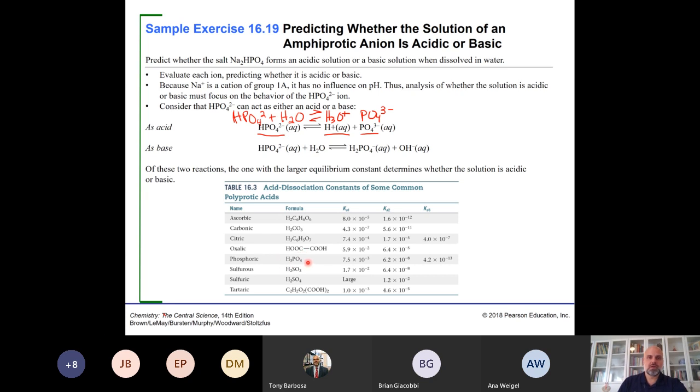You can see that our ion isn't shown in the table, but you do need to recognize that H3PO4 dissociates, and I just want to make sure you understand. H3PO4 can dissociate to give us H2PO4. I don't know why it does that.